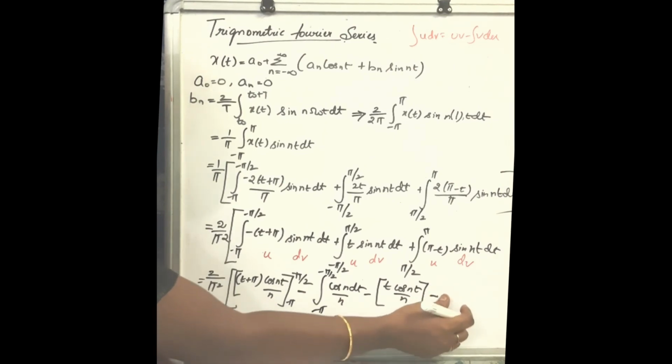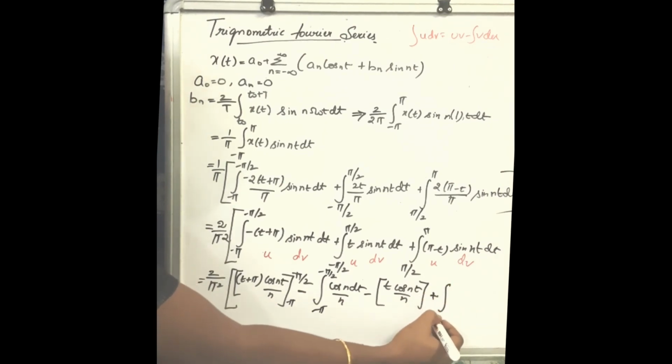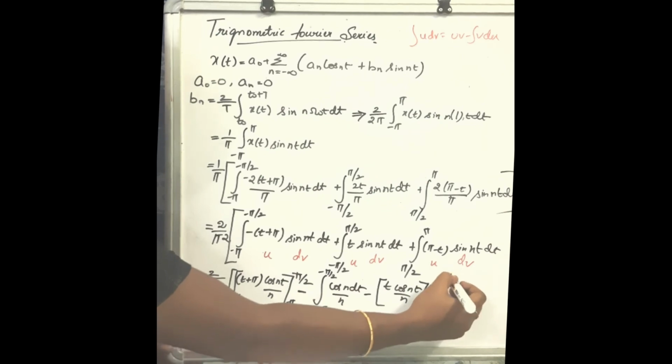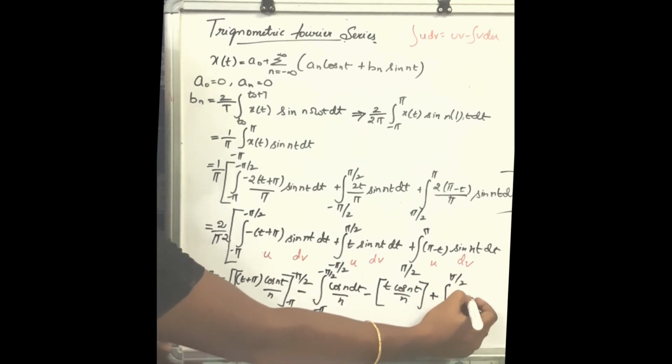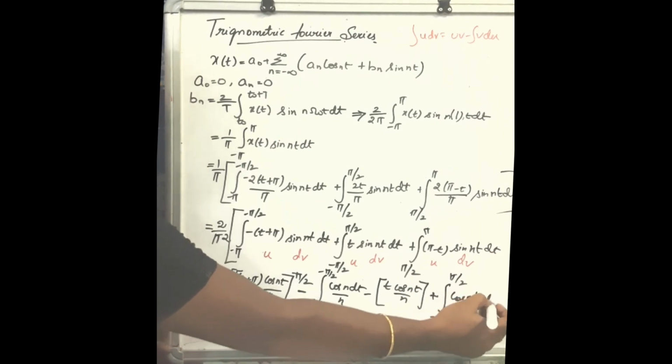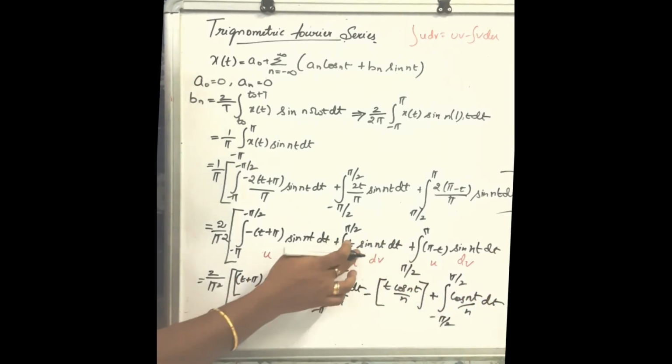Then plus integral minus pi by 2 to pi by 2 of cos nt by n dt. This is for the second part.